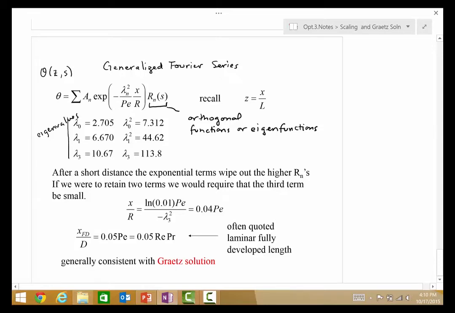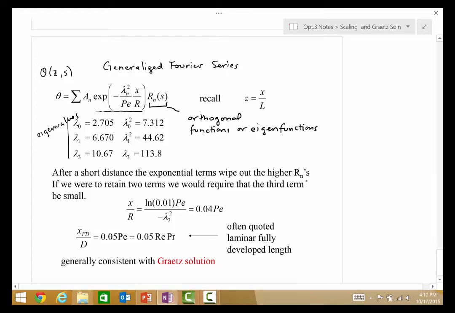So one of the things that we know about solutions of this type is that after a relatively short distance, the exponential attenuation means that subsequent Graetz functions are no longer needed. That is, we can truncate this generalized Fourier series to, for example, a single term.